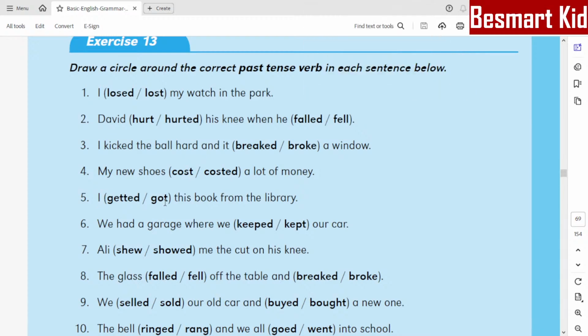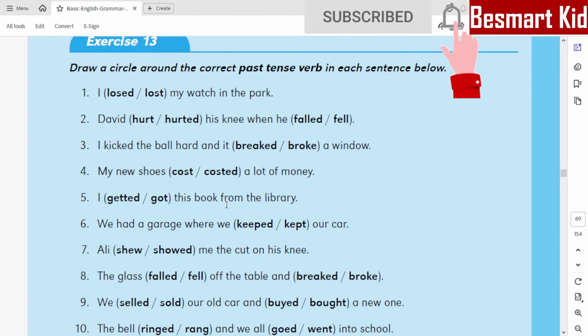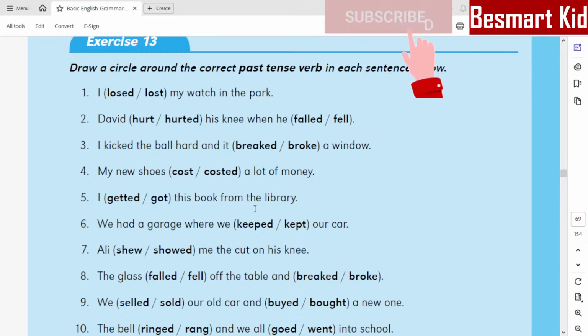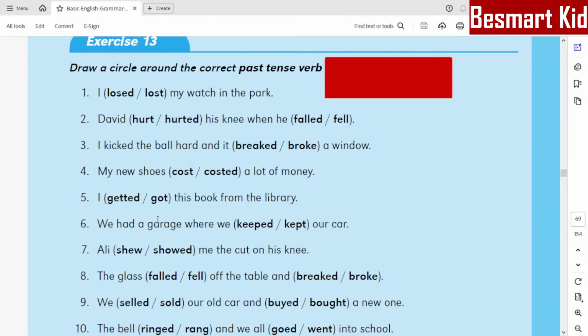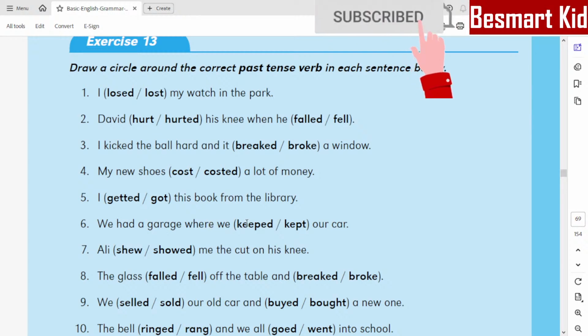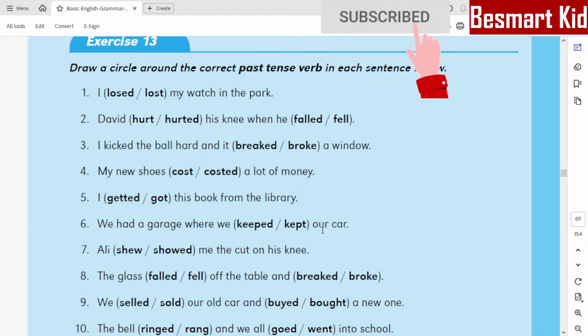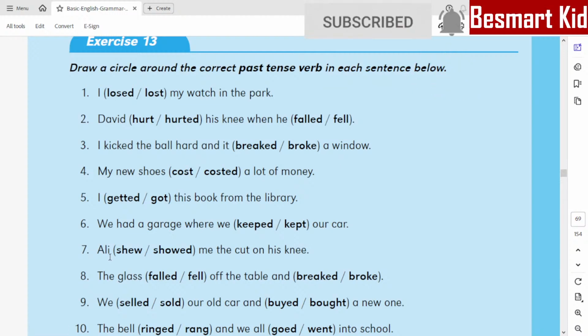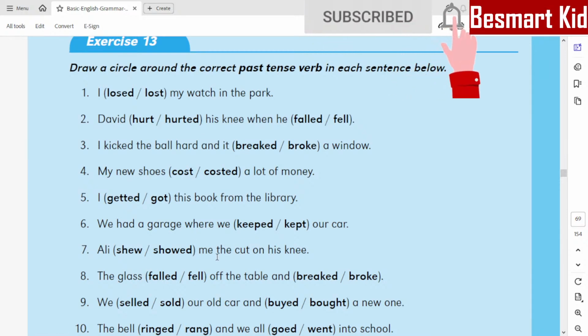I got his book from the library. 6. We had a garage where we kept our car. 7. Ali showed me the cut on his knee.